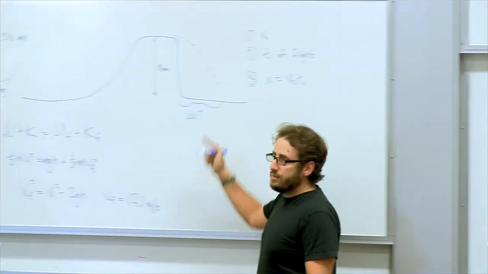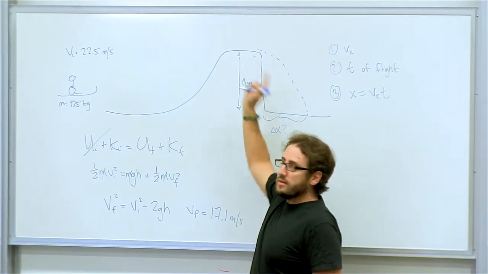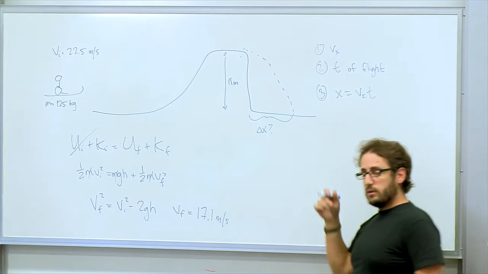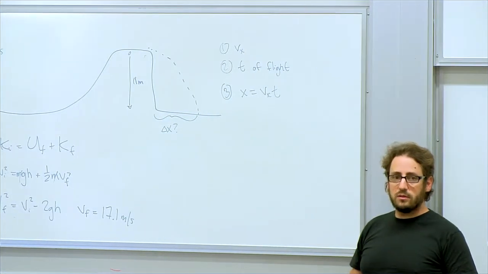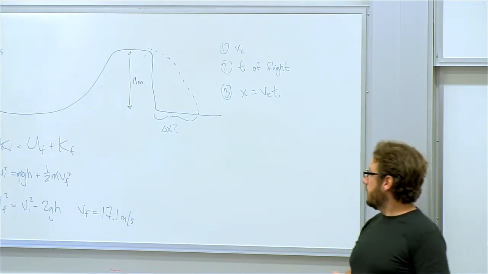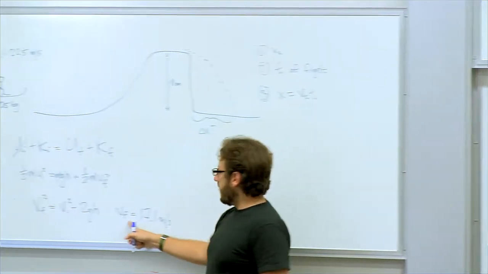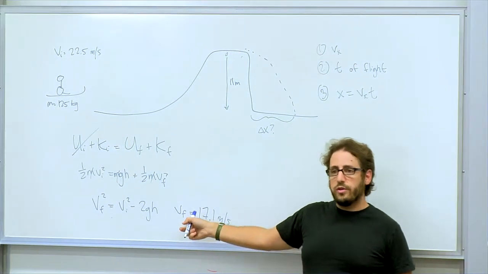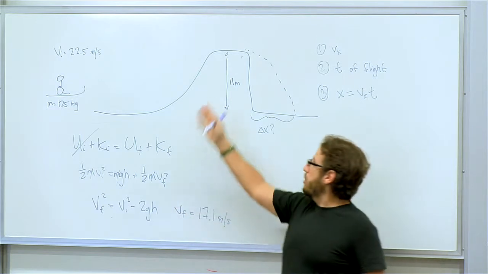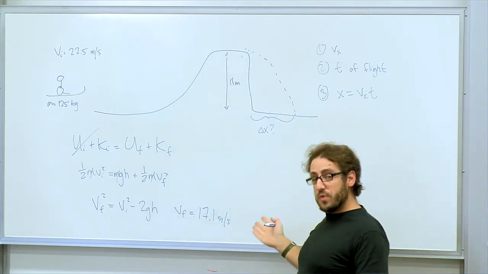Now, is it important that we know the shape of the hill at the top? Well, what did we just calculate? We just calculated basically the magnitude of the velocity, right? To know how far he's going to land, it's also important to know the direction.